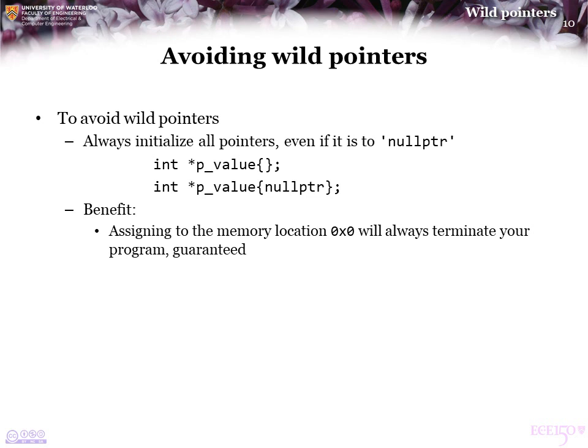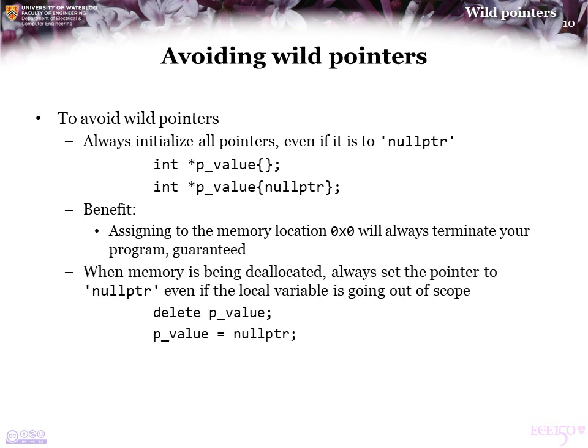So if you have an issue the operating system will make sure you're aware of it. Also, when memory is being deallocated, always set the pointer to null pointer even if that local variable is immediately going out of scope.